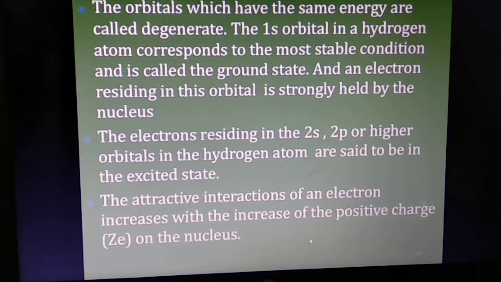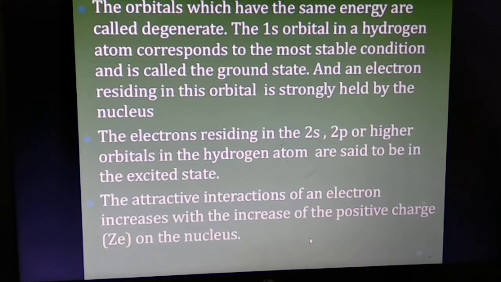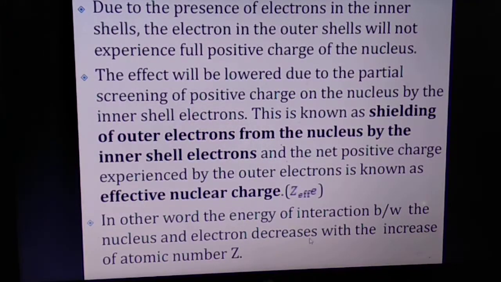The attractive interaction of an electron increases with the increase of the positive charge on the nucleus. So, when the nuclear charge is increased, the attraction between the nucleus and the valence electrons will increase, my dear students. Now, due to the presence of electrons in the inner shells, the electrons in the outer shells will not experience the full positive charge of the nucleus.